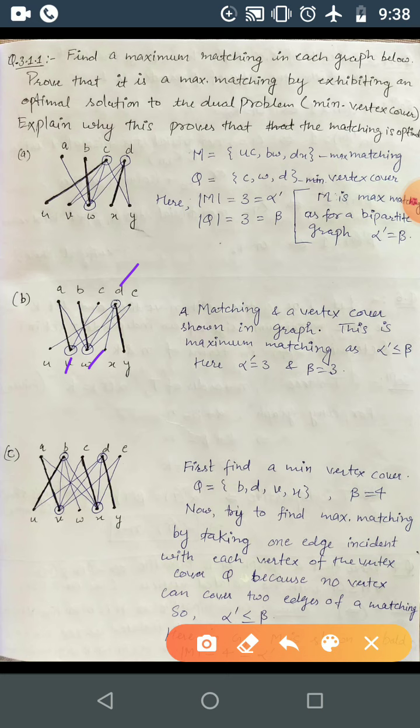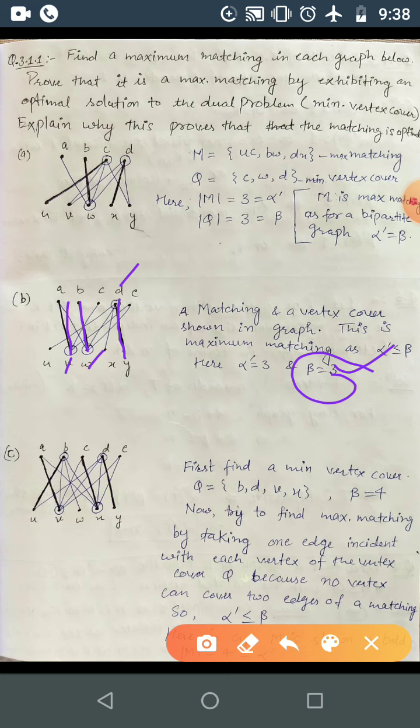Okay, so this is the minimum vertex cover, and here take one edge incident to every vertex of the minimum vertex cover, then you will be getting a matching. Okay, and here we got beta is the minimum vertex cover, that is 3, and maximum matching can be less than or equal to this one, and this is the bipartite graph.